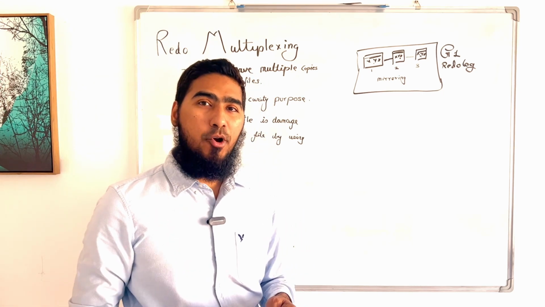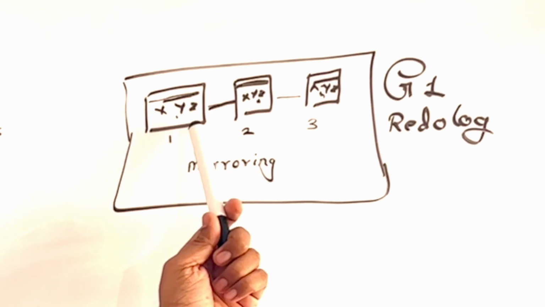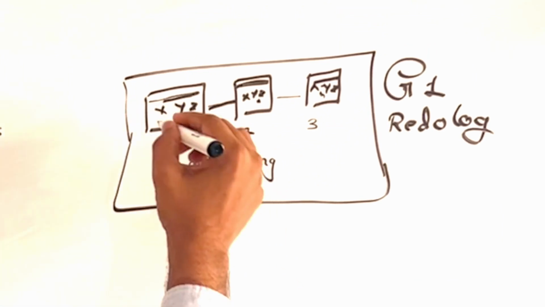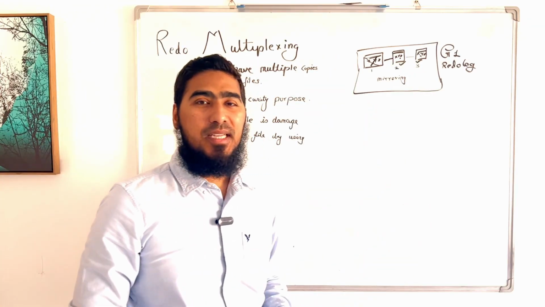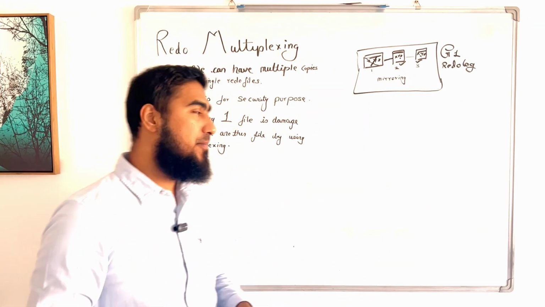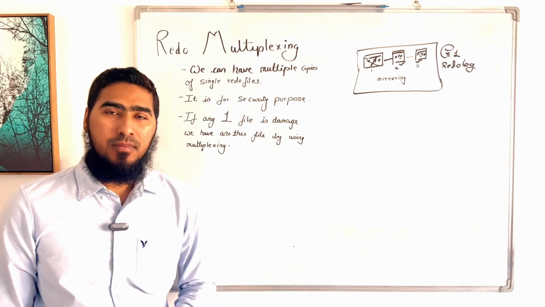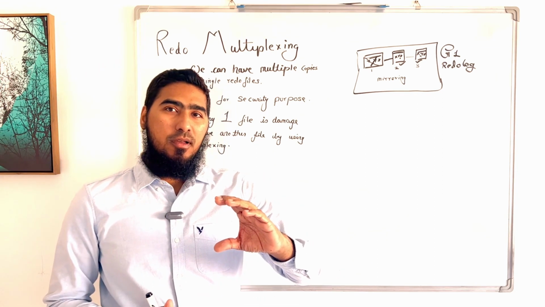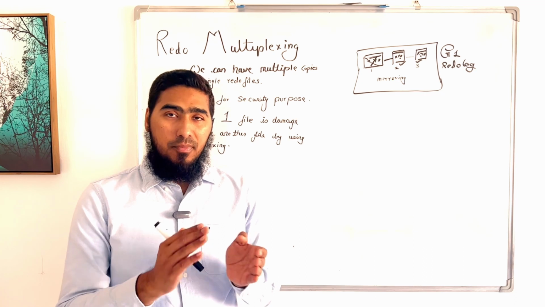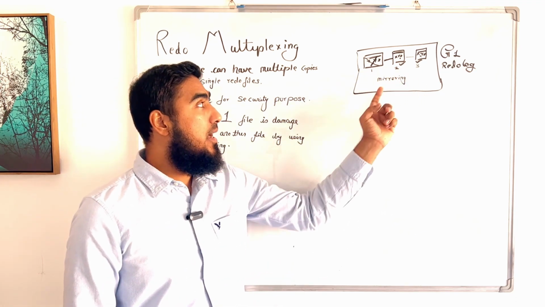So at any point of time, let's say if this disk or the file gets corrupted, deleted, anything, we still have the data over here. That is called multiplexing. If any one file is damaged, we have another file by using multiplexing. So it's really important to configure your redo log group with multiple redo files or redo members in that.